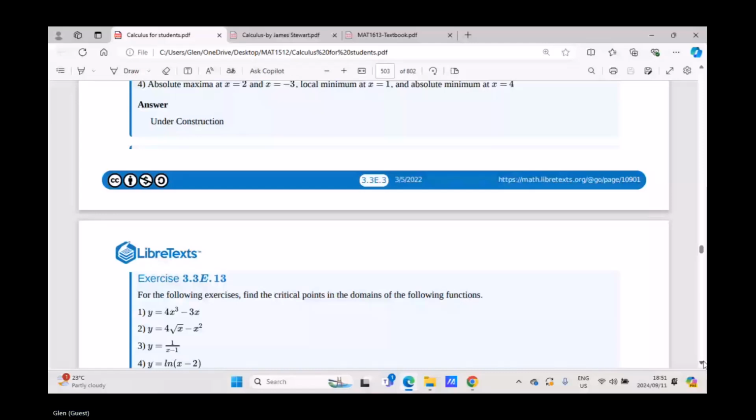Already done. y prime, which is the derivative of y, is equal to 1 over x minus 2. Done. The next thing will be to say 1 over x minus 2 equals 0.